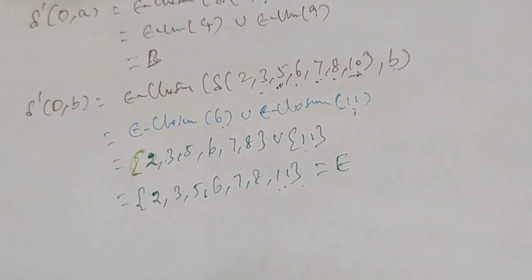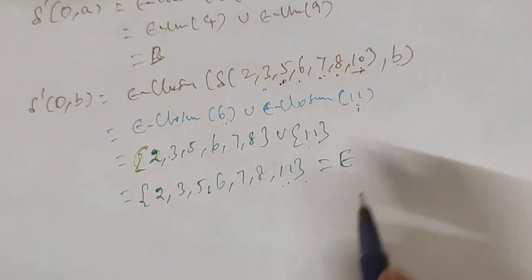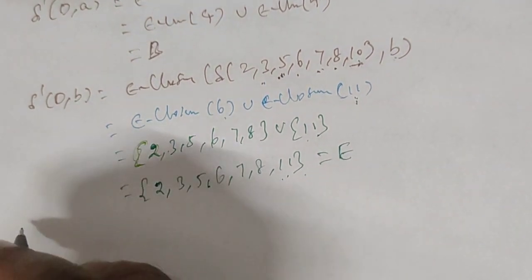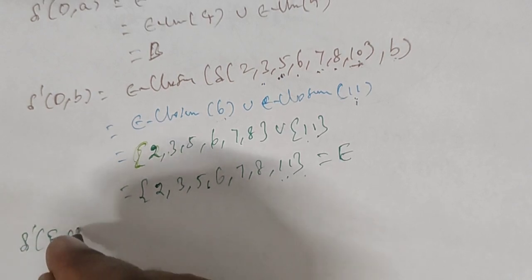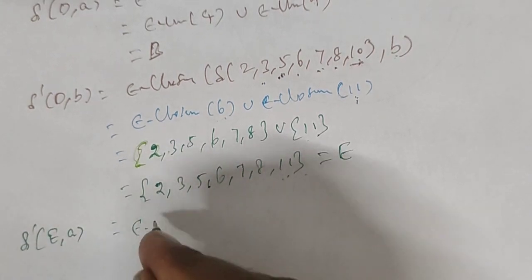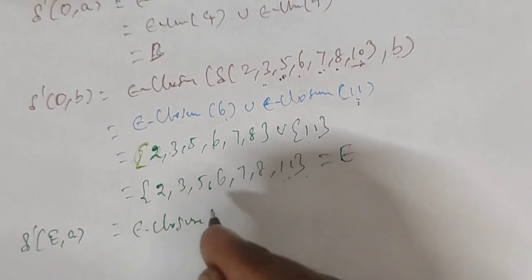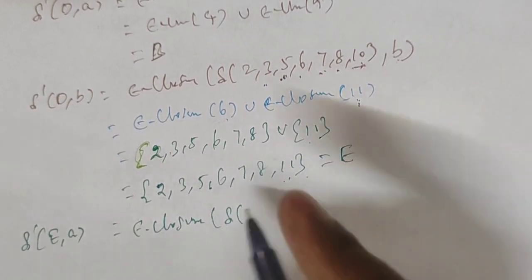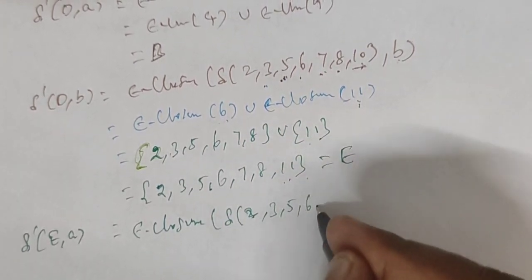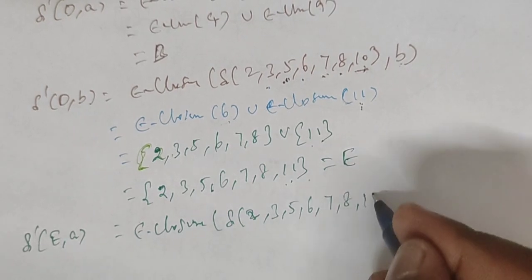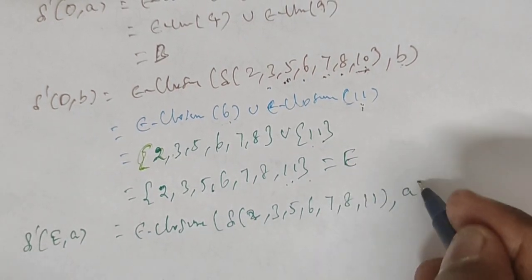Now delta dash on A and B has to be applied for E also. So delta dash of E comma A is epsilon closure of delta of E, where E is 2, 3, 5, 6, 7, 8 and 11. Now we apply A here.